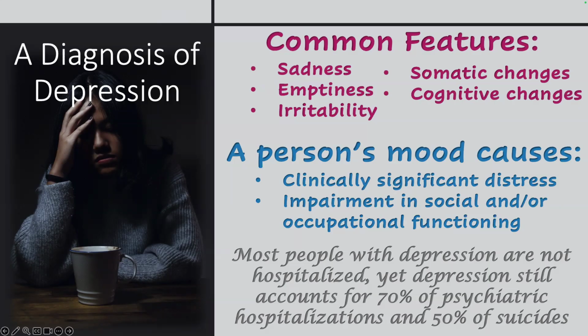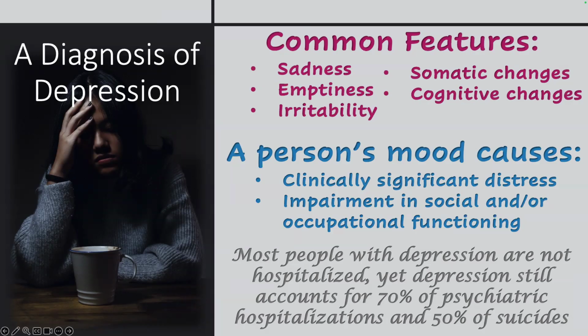So a diagnosis of depression. When somebody is being diagnosed with depression, yes, we're going to see sadness, emptiness. We might see irritability. What is really important here is that the mood causes distress. All of the psychiatric disorders that we're going to talk about, to be a disorder, it needs to be causing distress to the patient and or impairment in social and or occupational functioning.